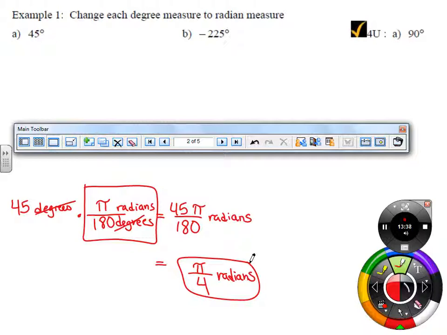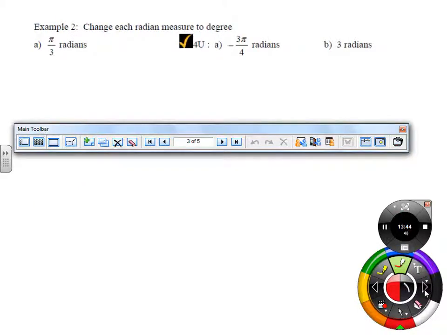Okay? All right, so let's try going the other way. Okay, let's say they give us radians and we want to know what it is in degrees. So let's say we start with the pi over 3 radians. Can I abbreviate degree and radians because I'm lazy? Okay, thank you.